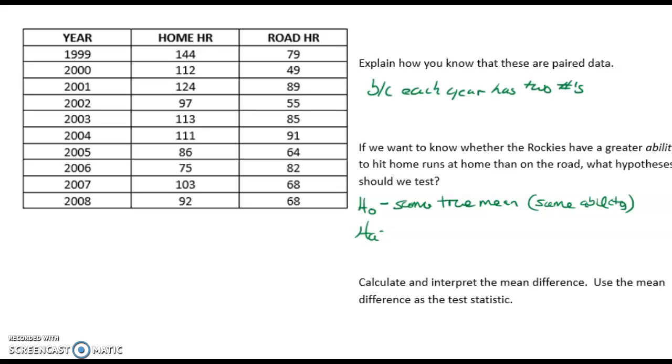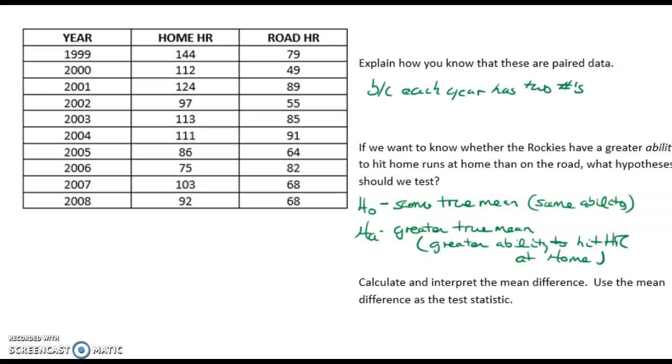You'd be looking for evidence that they would have a greater true mean, which would also mean a greater ability to hit home runs at home. Yeah, something like that.